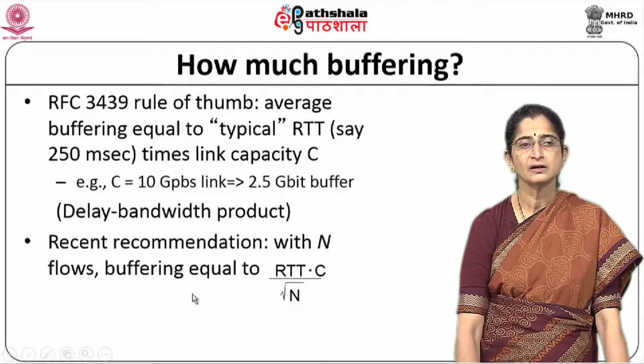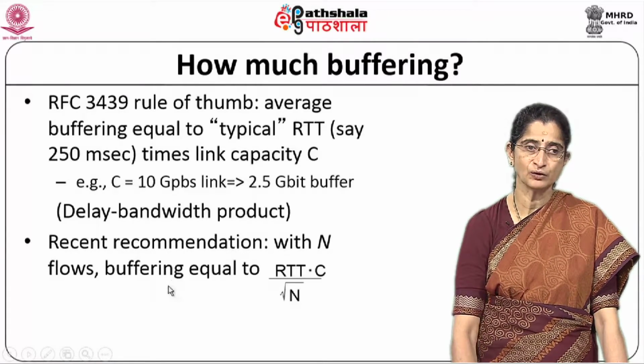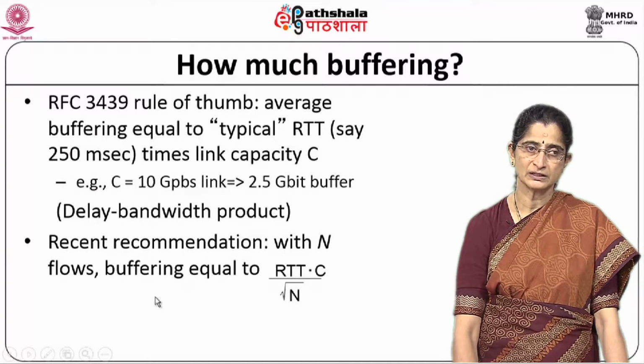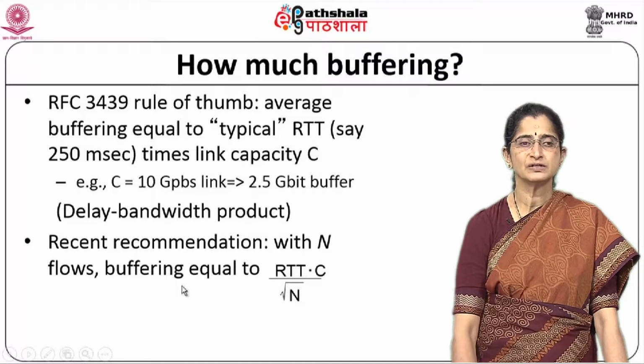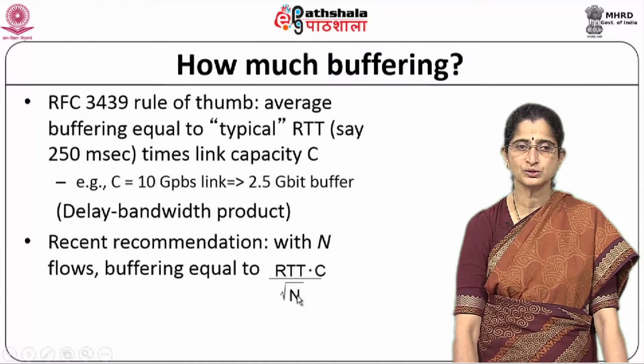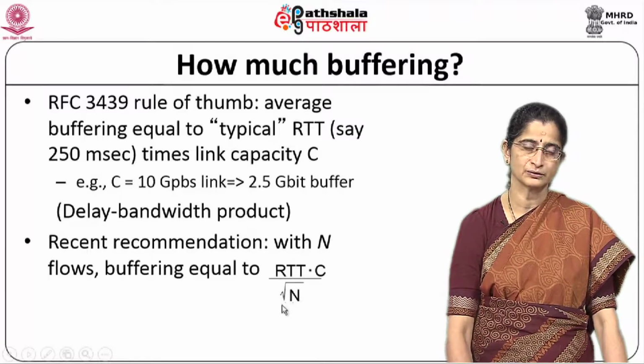Okay. Of course, there are recent recommendations where, when you have n flows, there is a guideline which says that the buffering should be equal to RTT times C divided by square root of n, that is when there are n flows to be considered.